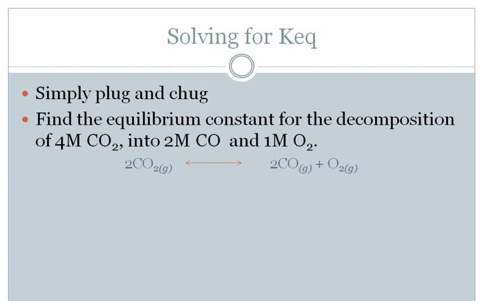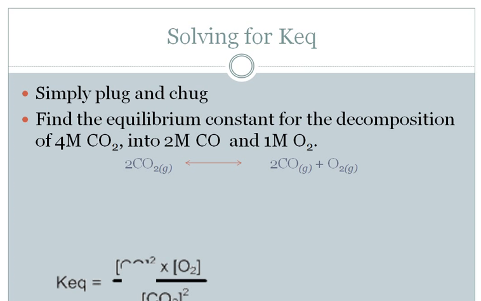So if we know the concentrations of those reactants and products, we can actually assign a numerical value for Q, or for K eq in this case. So let's do this problem. Write the mass action expression for carbon dioxide decomposing into carbon monoxide, and using these concentrations, determine the value for Q.